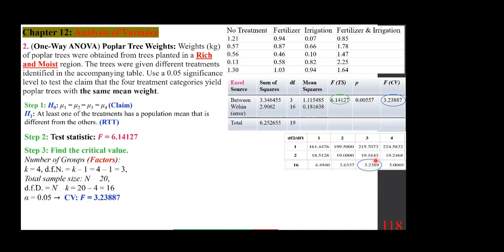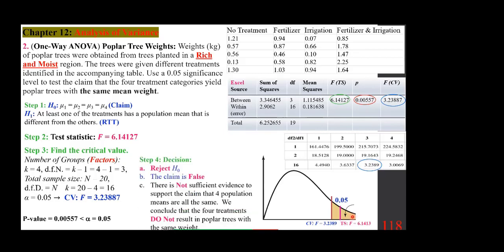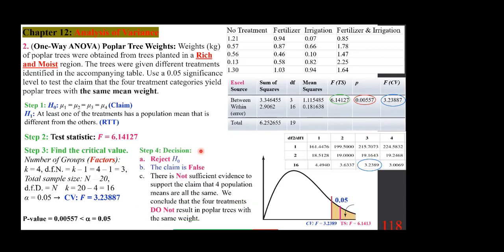Now we can also look at the p-value here, which is clearly less than alpha of 0.05. Whether we look at the p-value or compare the test statistic versus the critical value, in both cases we come to the same conclusion, which is reject H0, because the test statistic is way into the rejection region.